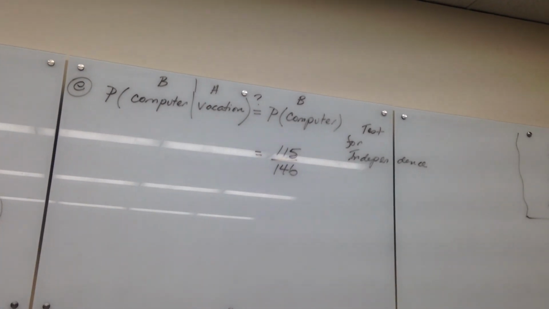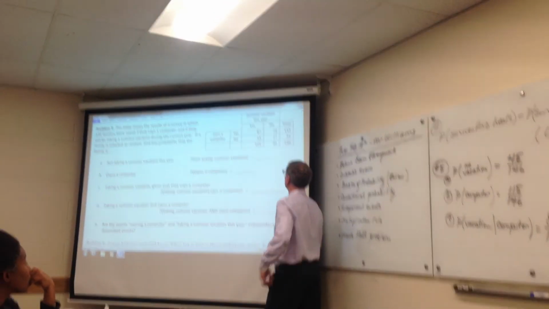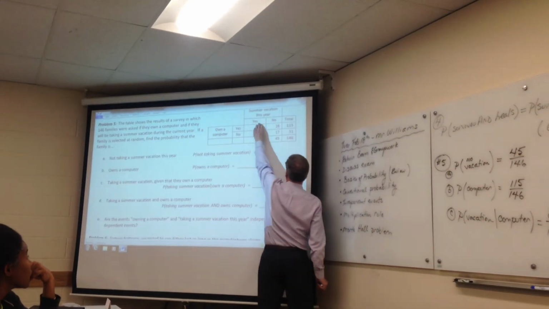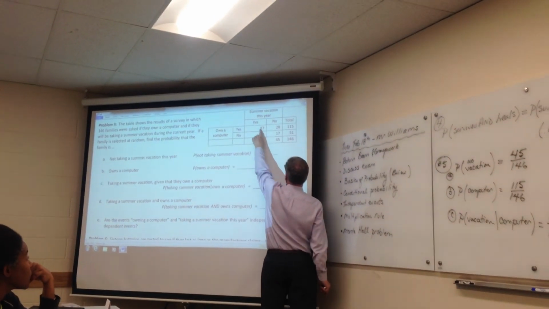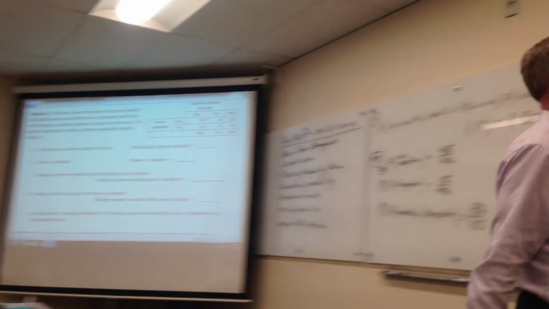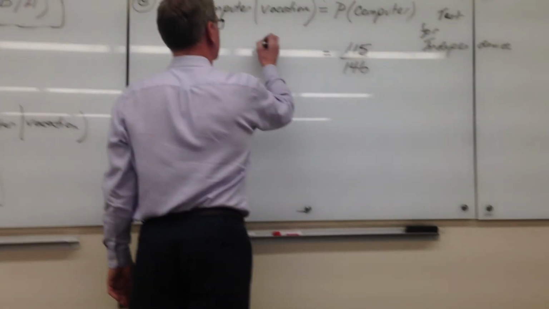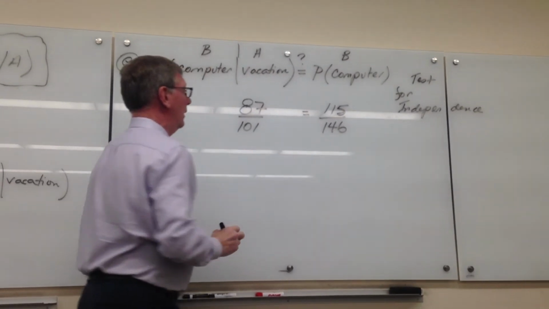Given that I'm going to take a vacation, 101 people, what's the probability of owning a computer? 87 out of 101.